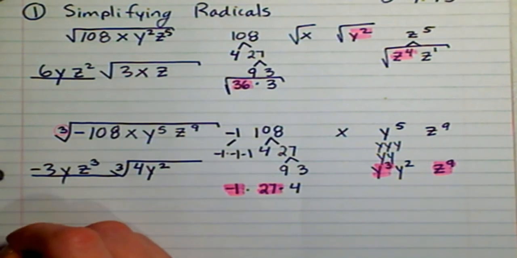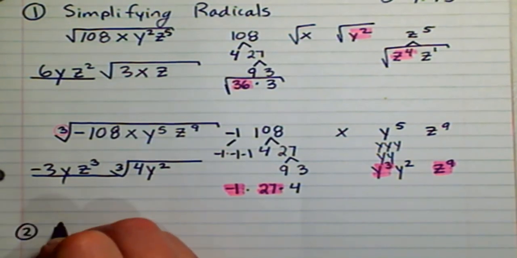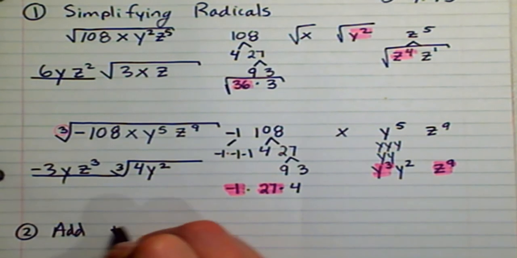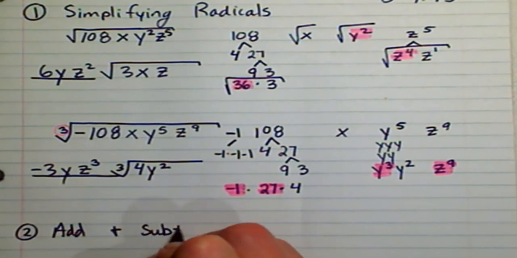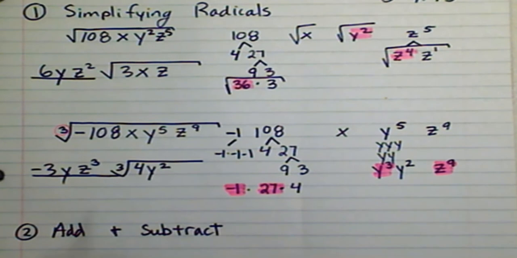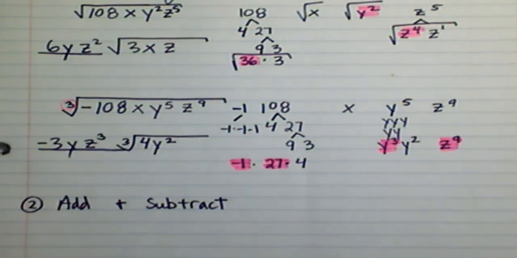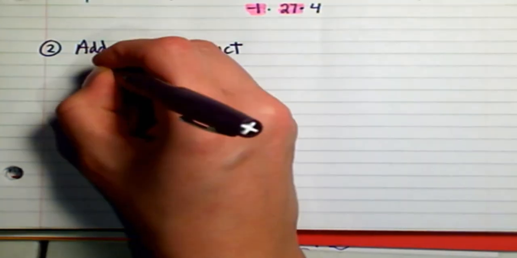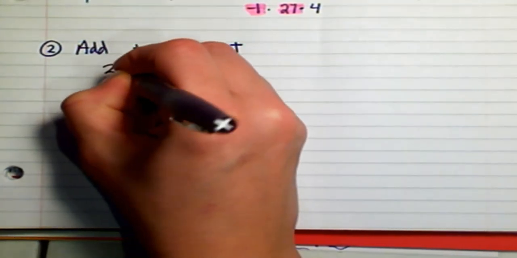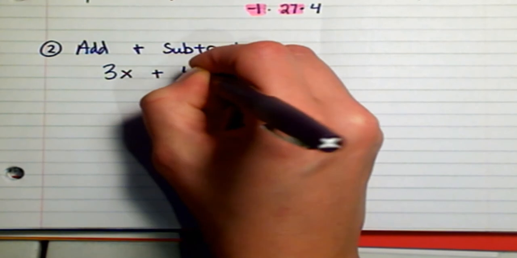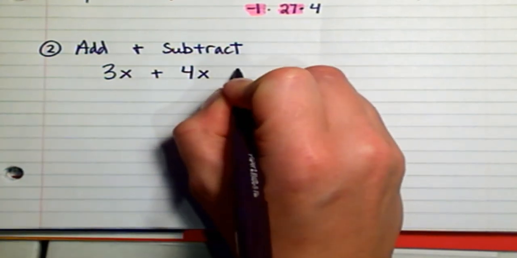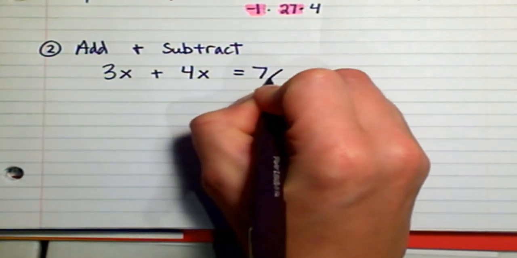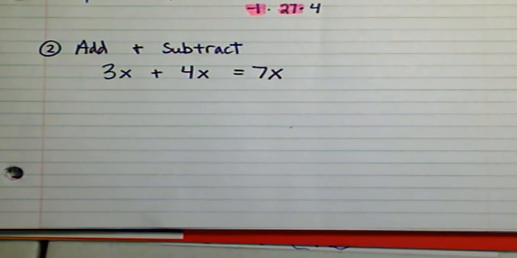All right, let's do a little look at add and subtract. In order to add and subtract radicals, we're going to do a little reminder here. What is 3x plus 4x? equals 7x?